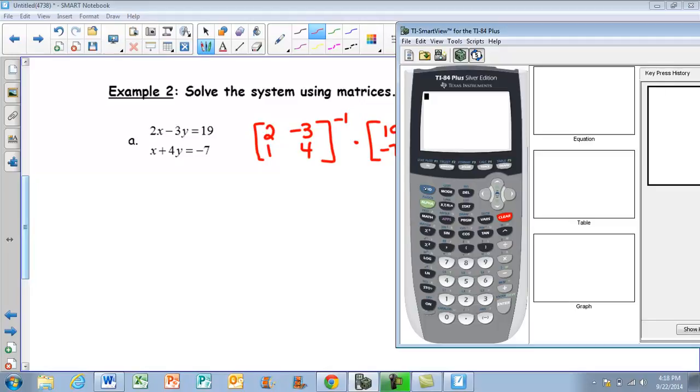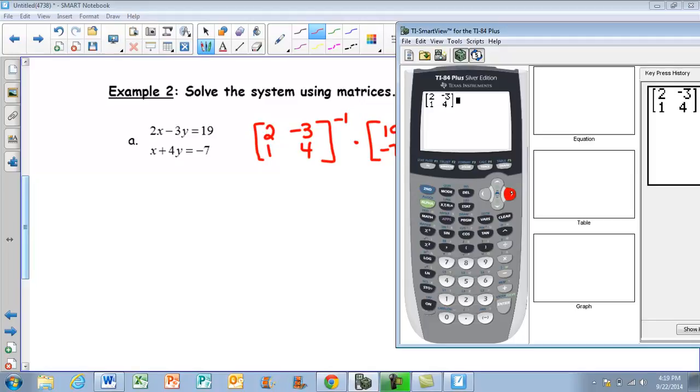This time I'll use the other option, alpha y equals. Hit that zoom button. Again, I have it 2 by 2. So hit OK. So I have 2, -3, 4, and 1.